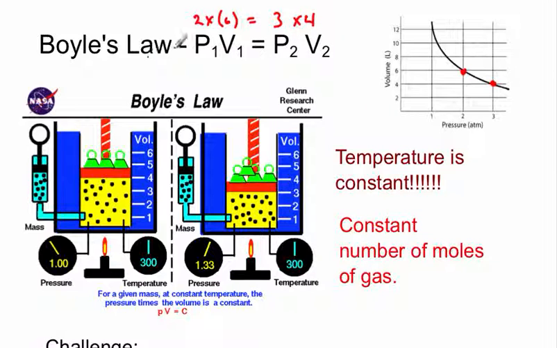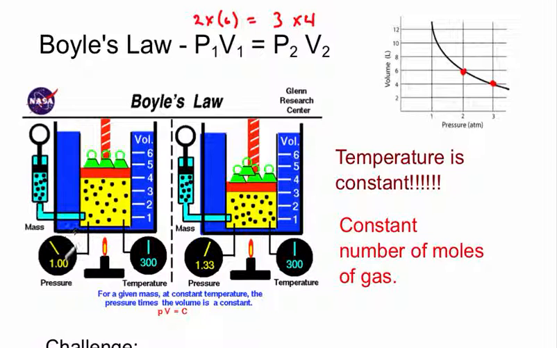And remember, for Boyle's law, temperature is constant. So down here in our little picture of a cylinder being compressed and heated, it's heated at 300 degrees Celsius here, and again at 300, or this could be Kelvin, it doesn't exactly say on here, but the temperature is 300 and it stays 300.